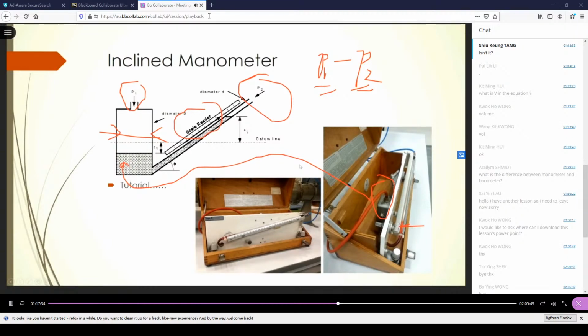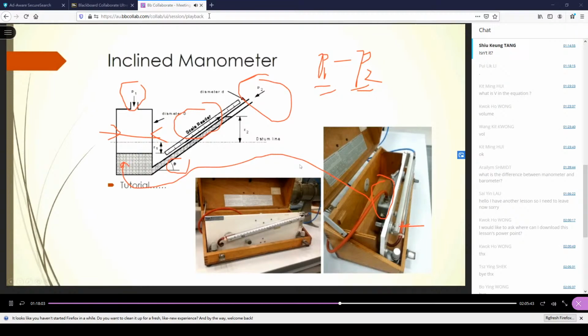Now, based on this reading, we calculate P1 minus P2, and theta can vary. In our laboratory, I think you have 3 levels. Theta has 3 levels, depending on the accuracy that you want, or how small the pressure differential is. So remember, you need to have some basic idea before you set your manometer.